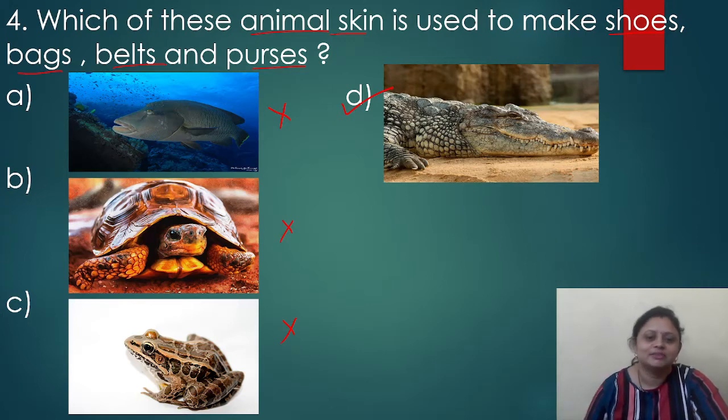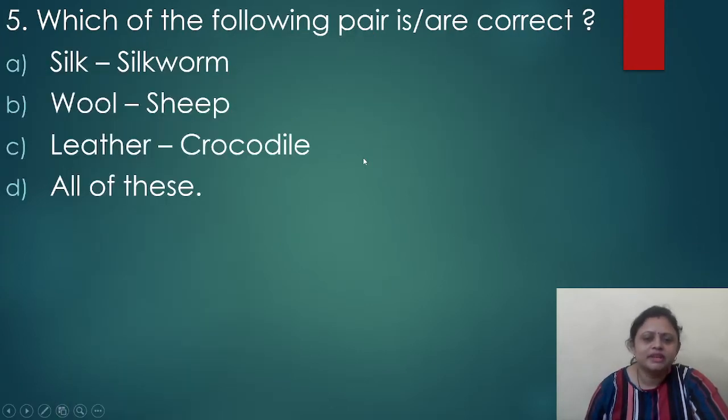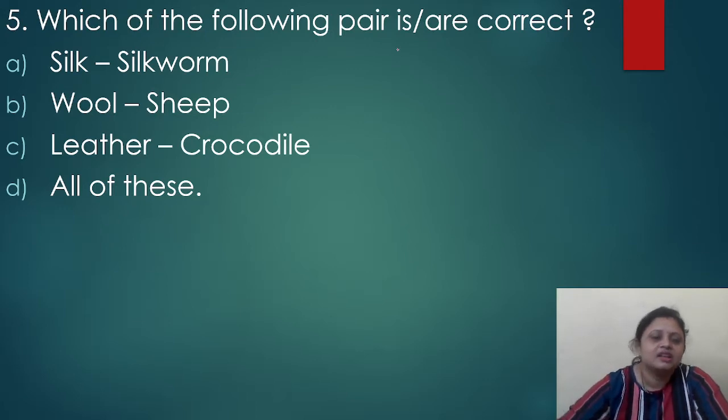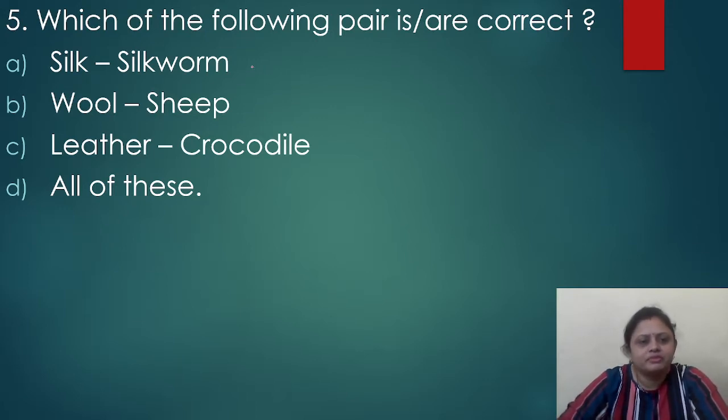Got it? Okay. So, what is our next question? Which of the following pairs is or are correct? Option A, silk, silkworm. B, wool, sheep. C, leather, crocodile. D, all of these. So, what is the answer? Silk is obtained from silkworm.